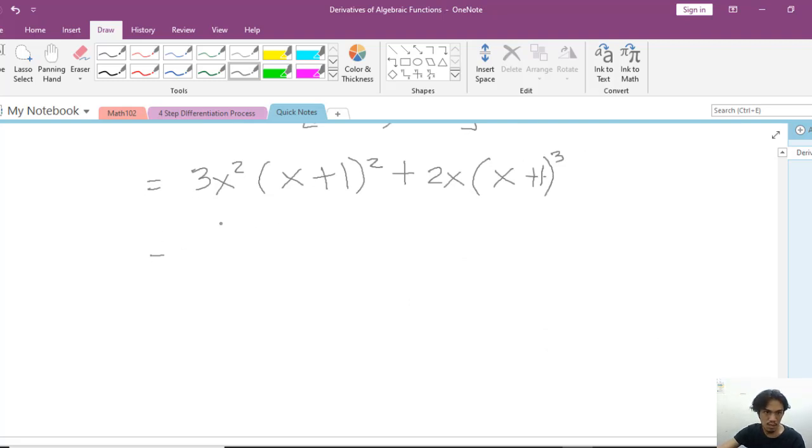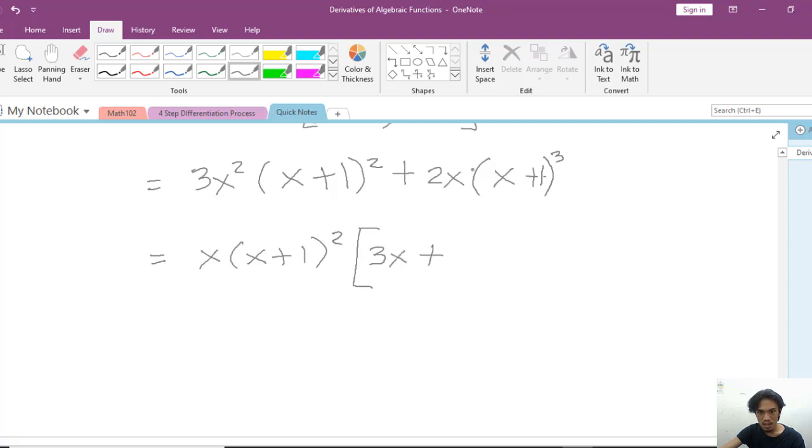Let's simplify. Notice that you can factor out x, and you can also factor out (x plus 1) raised to 2. If you factor out x here and (x plus 1) raised to 2, what is left would be 3 times x.